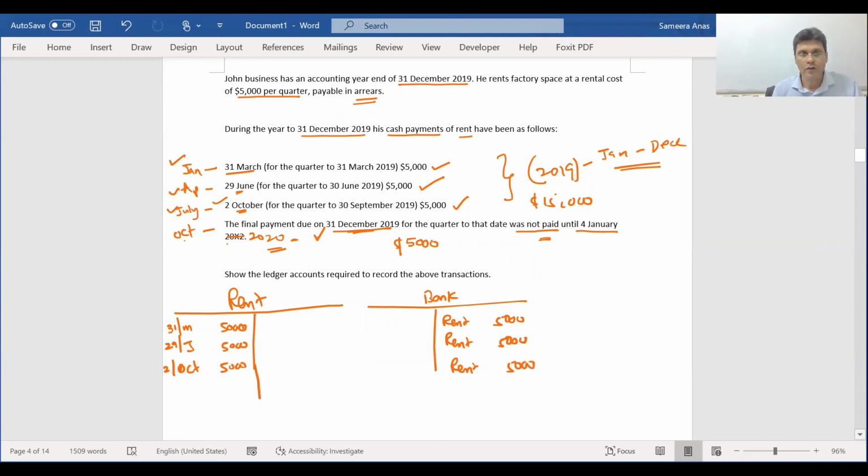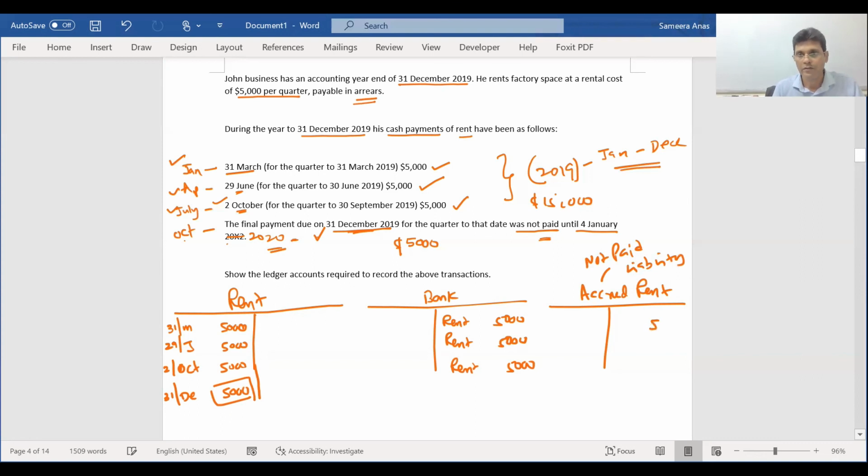And for the last quarter, 31st December, 5,000 has to be debited, and we need to open an accrued rent account because this has not been paid. So therefore it is accrued, it's a liability, it's a payable amount.